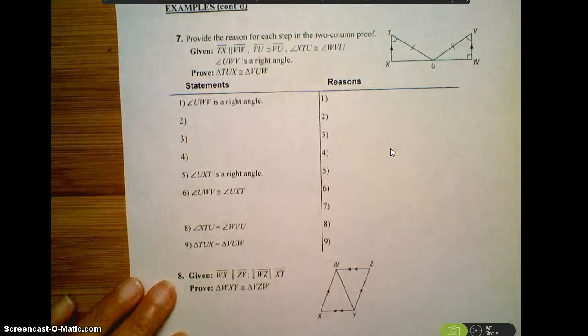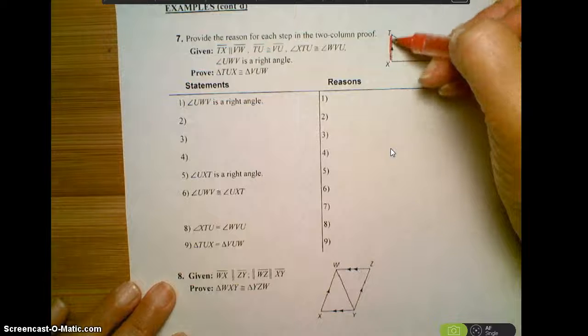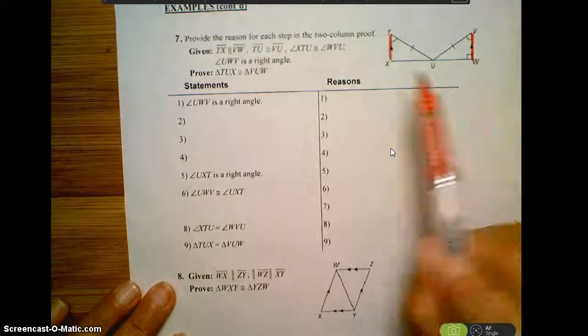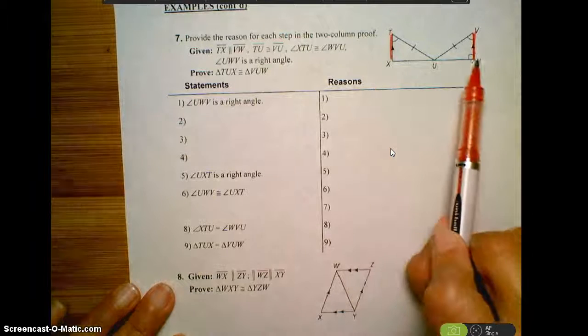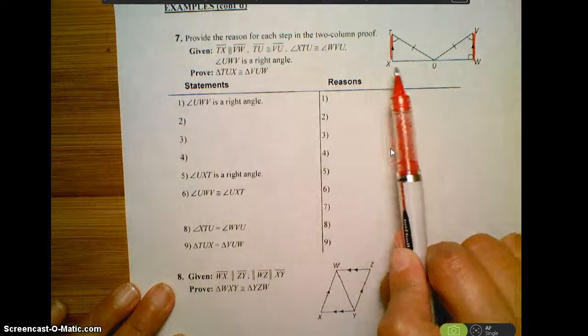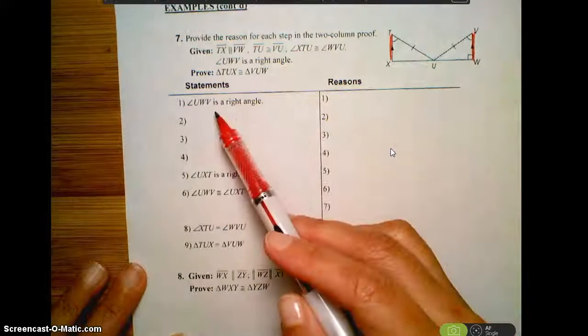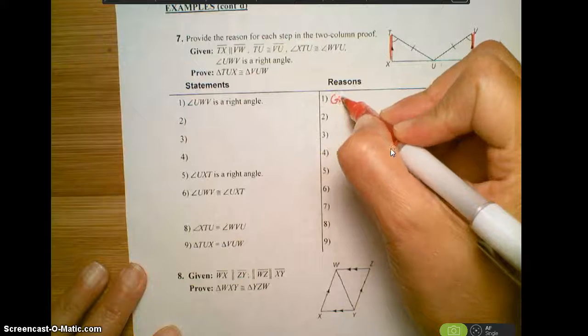I'm going to add to the picture though by making the parallel lines red. That way you can see that the only transversal we have crossing those two parallel lines right now is segment XW. Okay, so we know that angle UWV is a right angle, and that's a given.